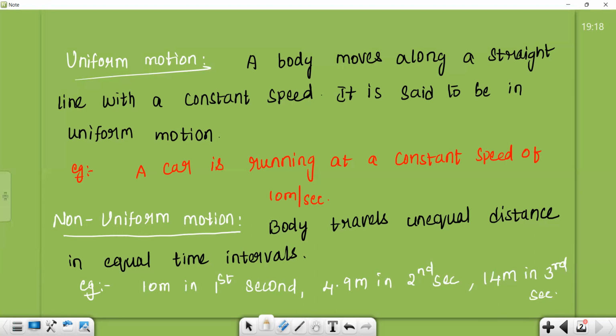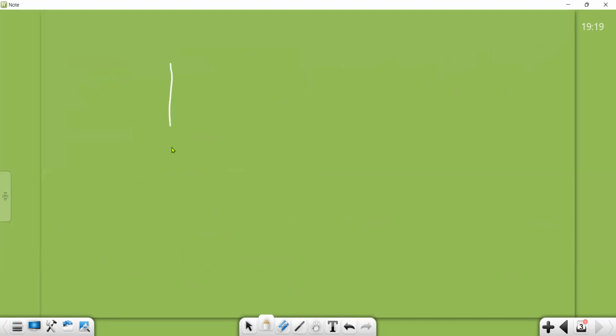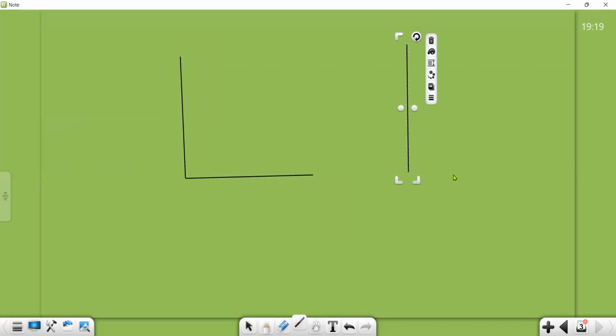So if you show this in terms of a graph, I am plotting the graph of how the object is moving, to show uniform and non-uniform motion.